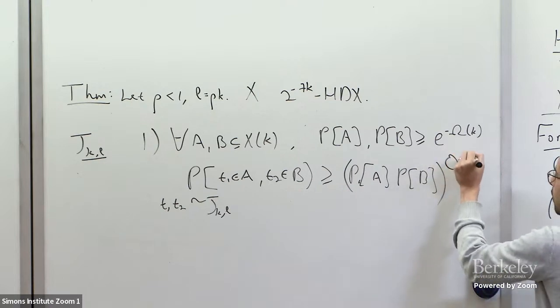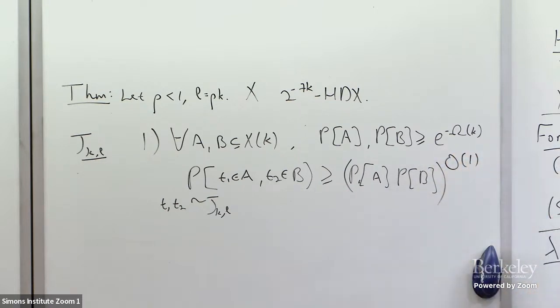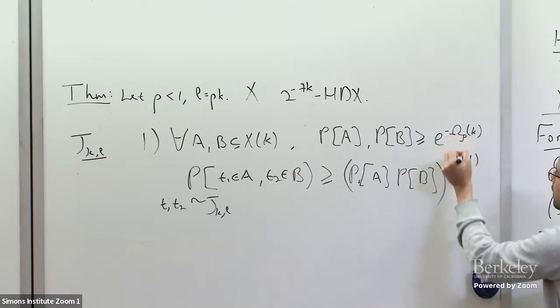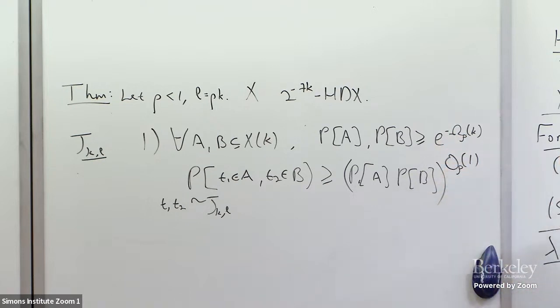Here I need to put some O of 1. This omega constant and this O constant both depend on rho, but for a fixed rho, I can just write this down.